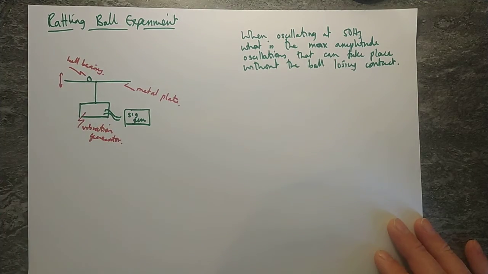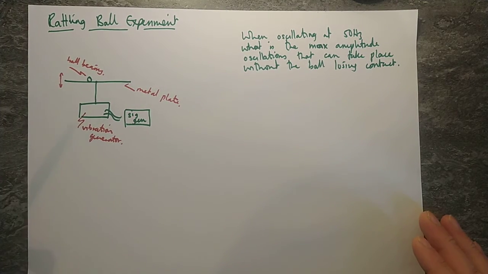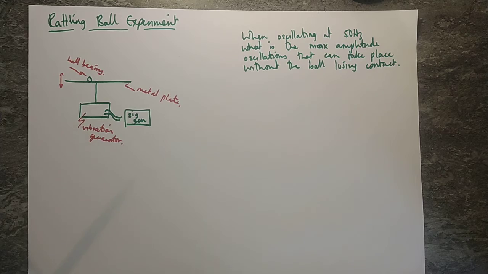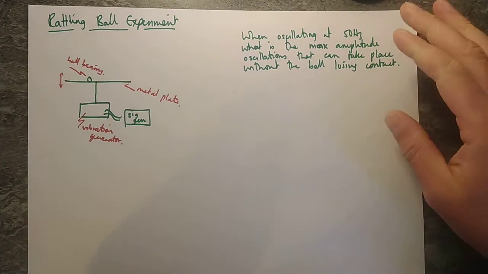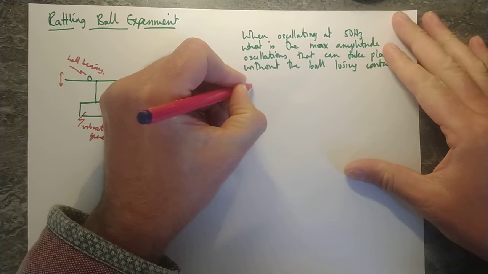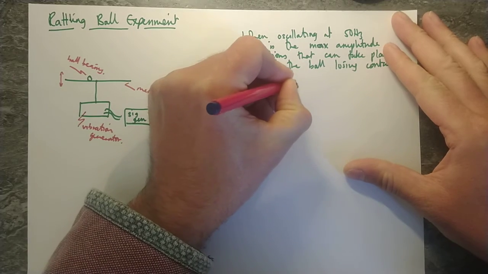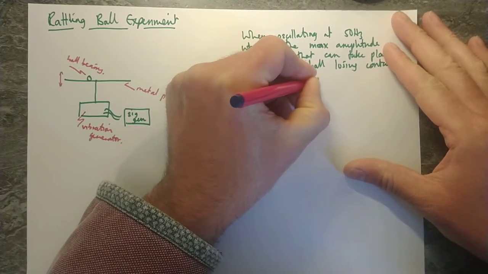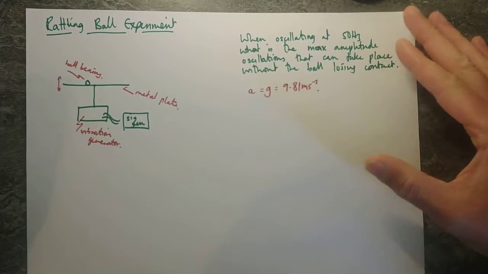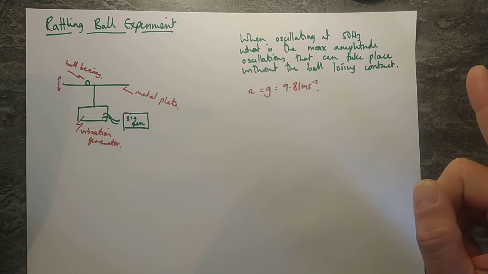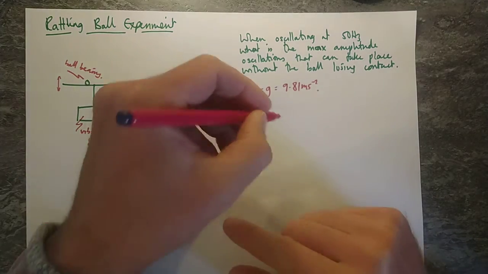So we've got a question here. When oscillating at 50 Hertz, what is the maximum amplitude of oscillations that can take place without the ball losing contact? We know that it's going to lose contact when acceleration equals g, which equals 9.81 meters per second squared. So we need an equation to link the frequency and the amplitude.